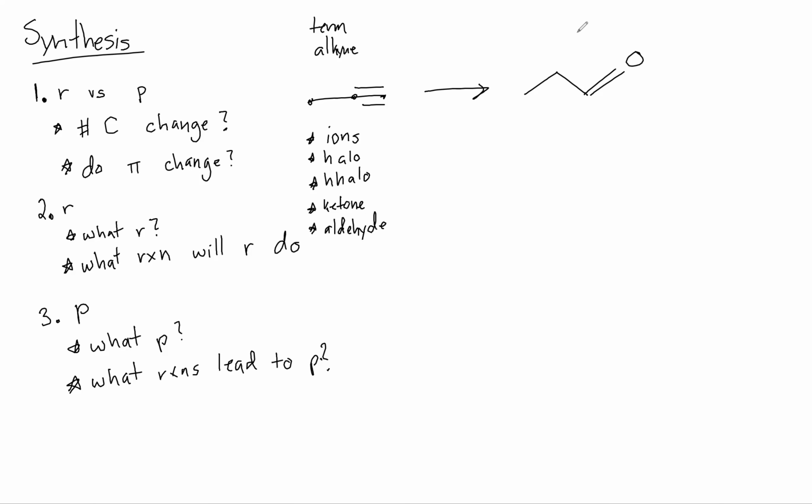And then we go over here. Here's our product. This is an aldehyde. We can create an aldehyde through the hydroboration oxidation of triple bonds. I don't think we know of any other way right now, as far as the reactions we know, because there are other reactions that will make an aldehyde, but I don't think we've gone over them yet.